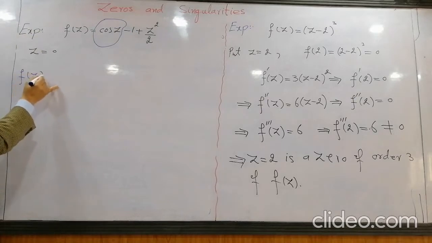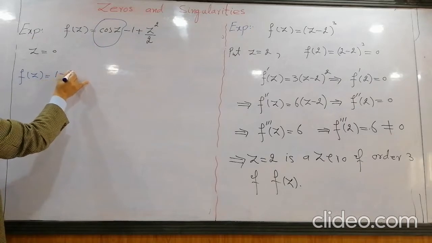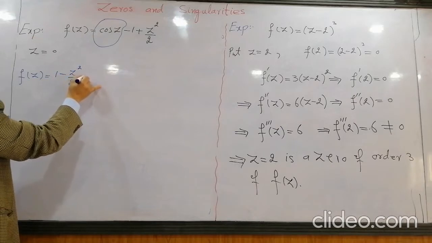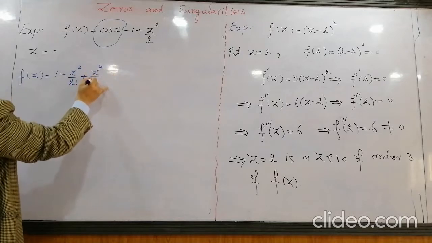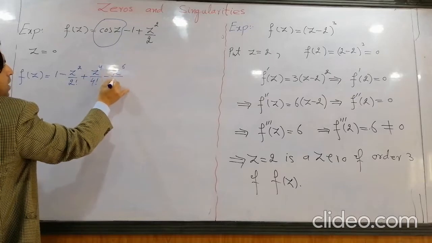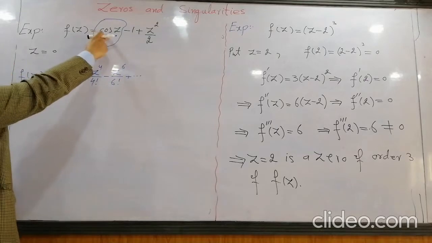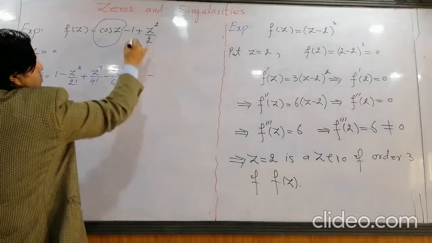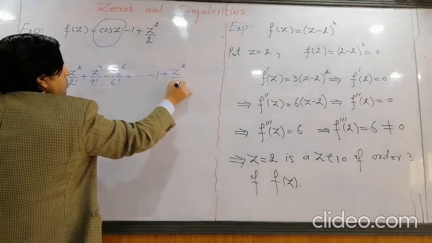F of z is equal to, cos z is equal to 1 minus z square by 2 factorial plus z4 divided by 4 factorial minus z6 divided by 6 factorial and plus up to so on. So this is the series expression of the cos z, and now I have to write minus 1 and plus z square by 2.